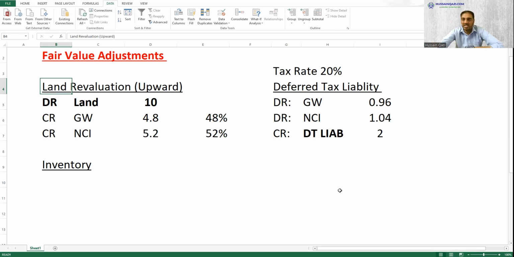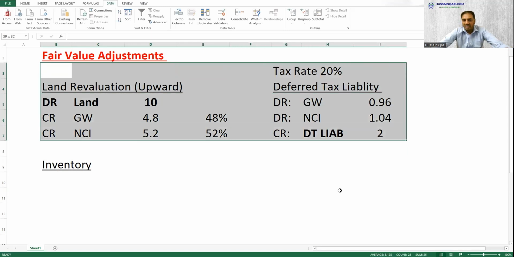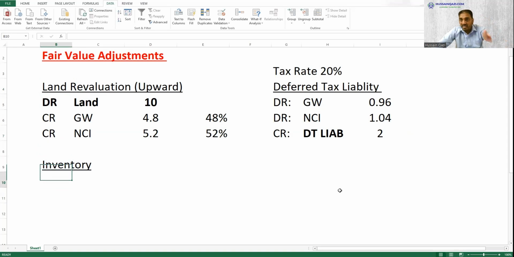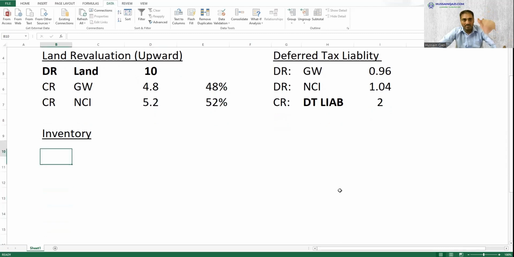Even though management has no intention to sell the asset in the near future, this difference will reverse at some time when the asset is realized. At some time, the standard says to consider it a temporary difference. So why we create the deferred tax liability is not part of this lecture; how we create it is the point. And even this double entry is not a requirement of the question. It's just to recall.